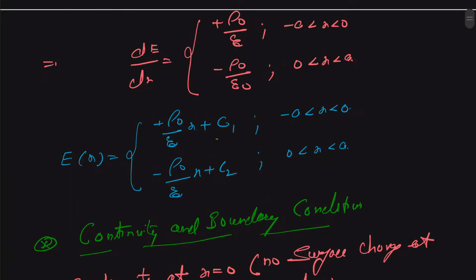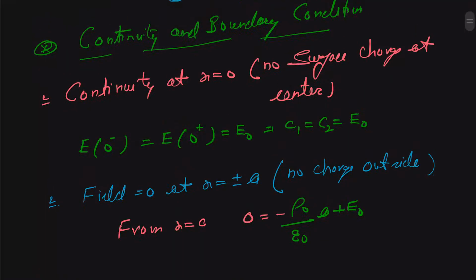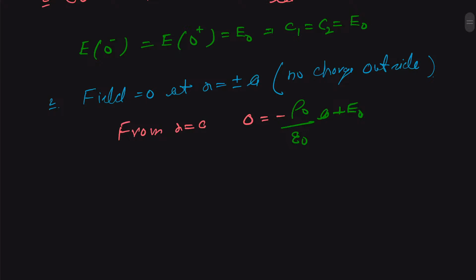So from here we can easily find out E naught. This gives us E naught will be equal to rho naught A upon epsilon naught.